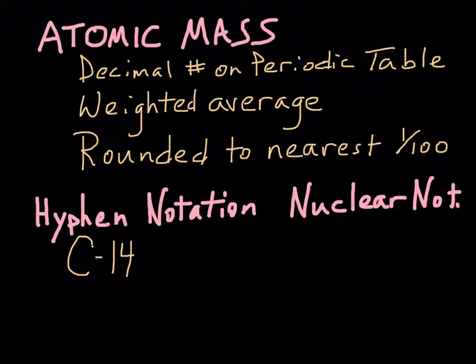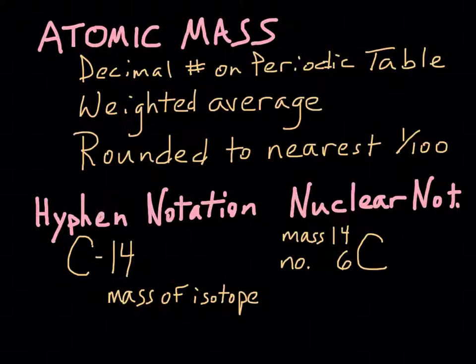The nuclear notation demonstrates both the mass number as well as the atomic number. The nuclear notation gives us information about the contents of the nucleus. Nuclear notation is also the form that we use when showing the nuclear decay equations.